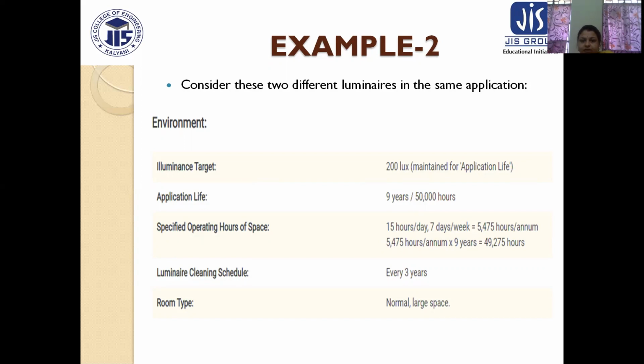For 9 years, the total is 49,275 hours. Okay, so the luminaire cleaning schedule is every 3 years, and the room type is a normal large space.